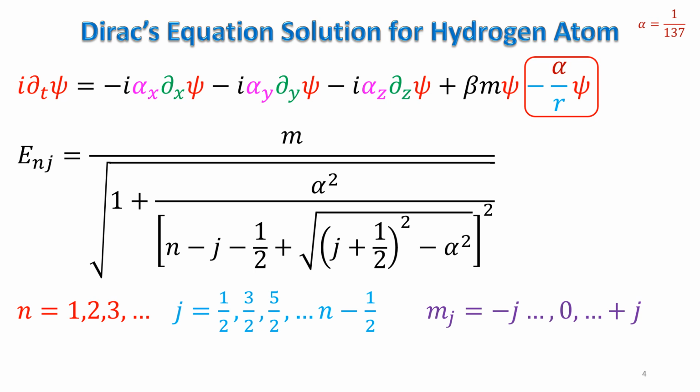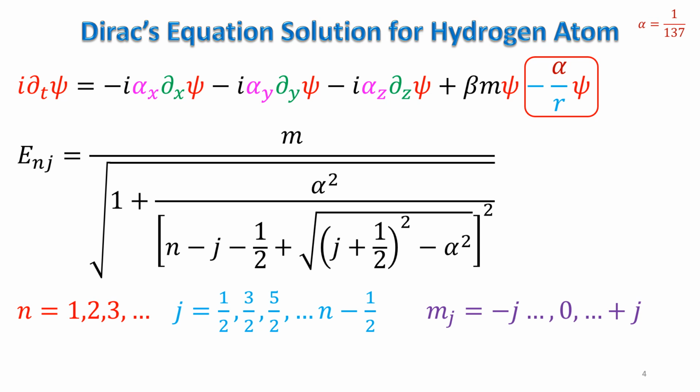For a free electron, the total angular momentum J is conserved, but orbital and spin angular momenta are independently not conserved. This form of Dirac's equation can be solved analytically, although it's a more complicated process than the corresponding Schrodinger case.